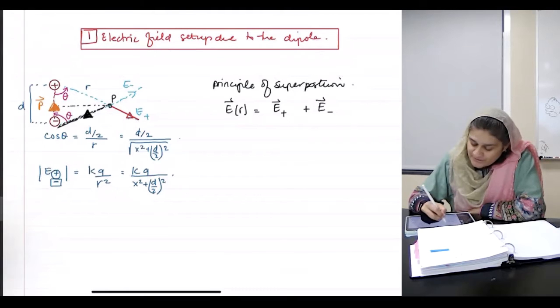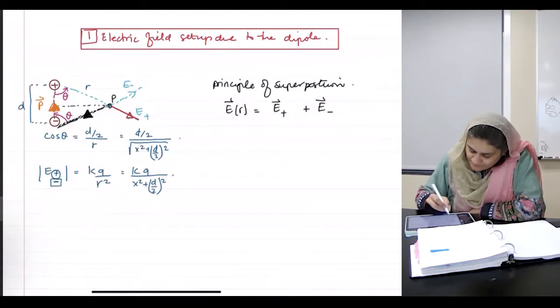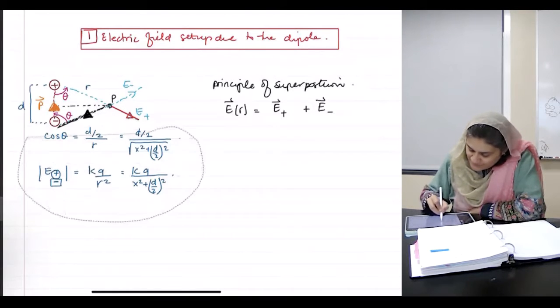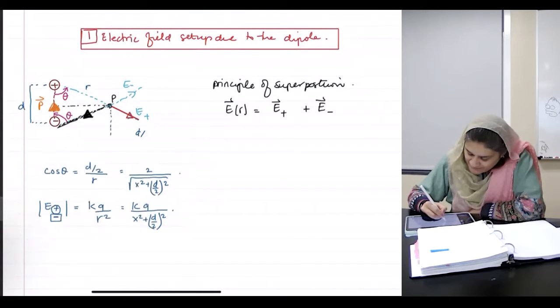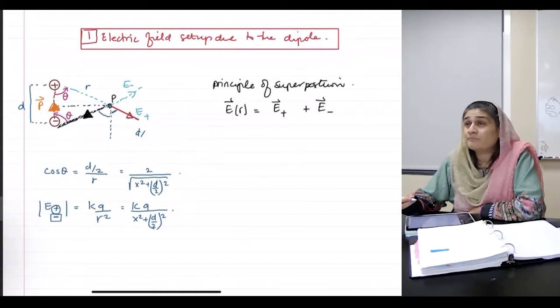So note, I'm going to move this a little bit down so I can make it bigger. What will this angle be? And what will this angle be? Are they both thetas?